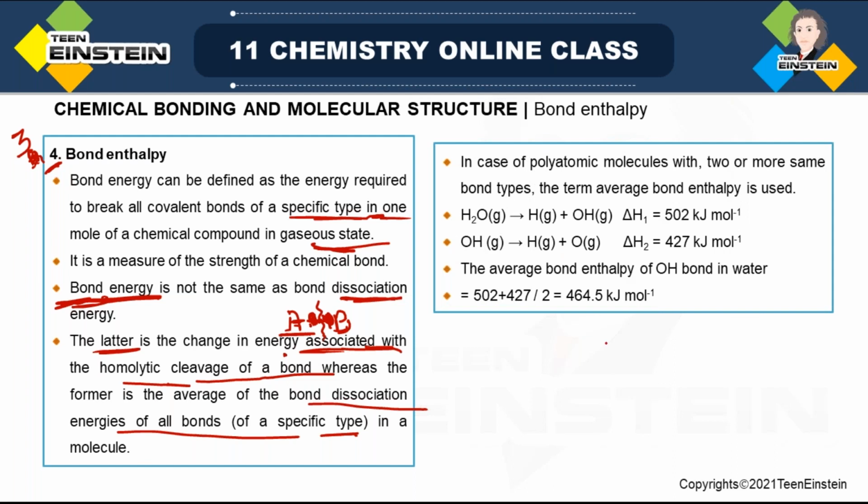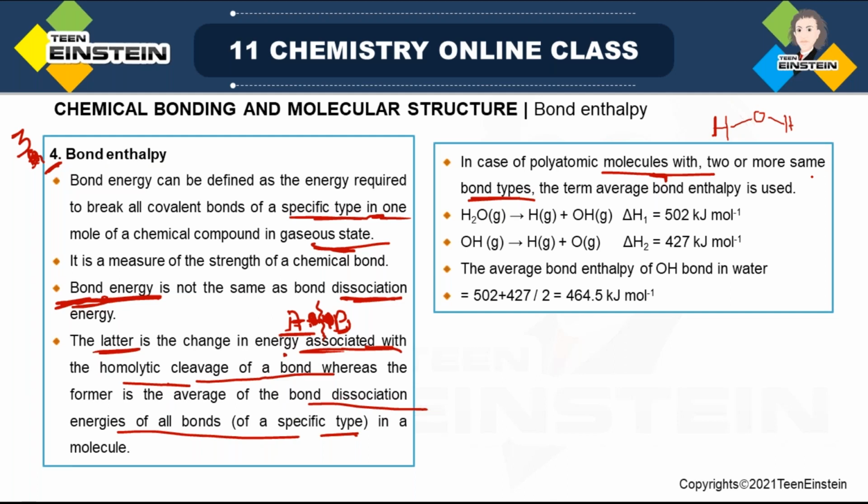Here we have taken water molecule, very common. In case of polyatomic molecules, where several atoms are present, there are two or more same bond types. When you are considering water molecule, we have hydrogen, then oxygen, then another hydrogen atom. That means how many OH bonds are present?